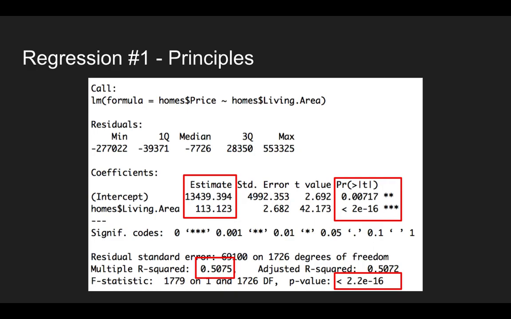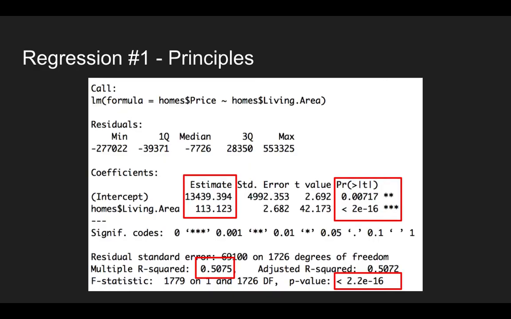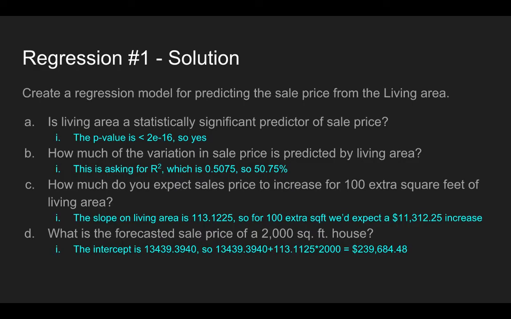The question is, for 100 extra square feet of living area, how much do you expect the sales price to increase? Okay, so the slope on the living area is 113.12, so we can expect $11,312.25 increase in your sales price, right?